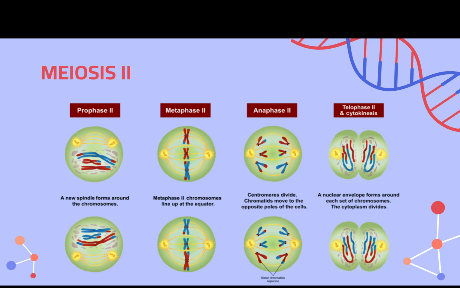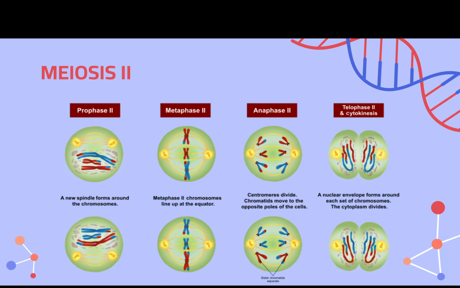In metaphase 2, again, the chromosomes will all line up at the equator. And then in anaphase 2, the centromeres will divide and the sister chromatids will move to the opposite poles of the cell, which basically means that they're not exactly the same chromosome anymore, since their sister chromatids have been separated.